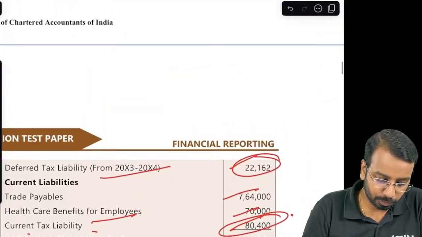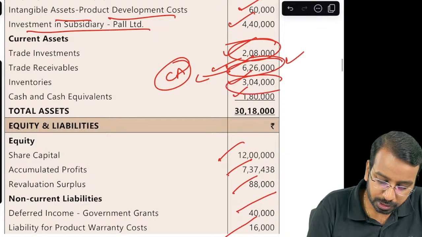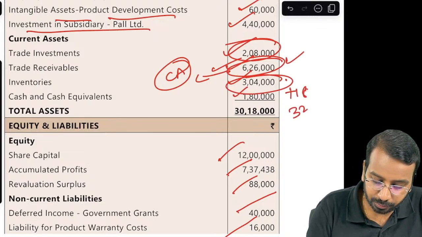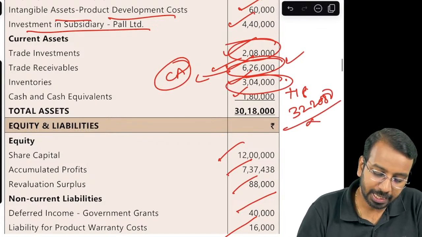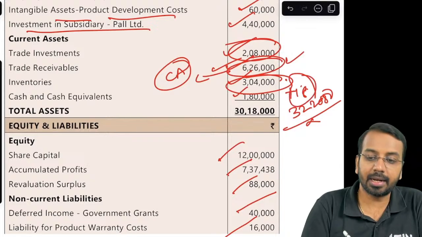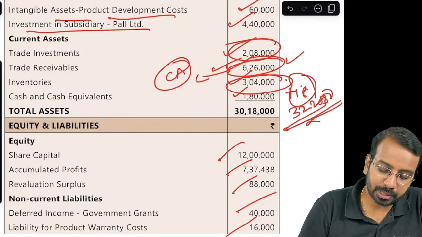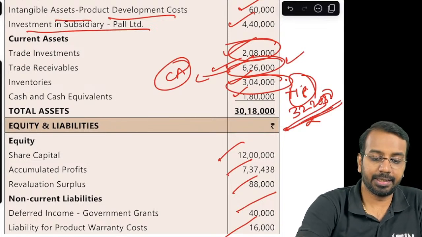What is the balance in the books? Balance in the books is 3,04,000. For tax, how much will it be? Plus 18,000, 3,22,000. On the difference, you will have a deferred tax implication. Because the tax amount is higher, it will create a DTA.